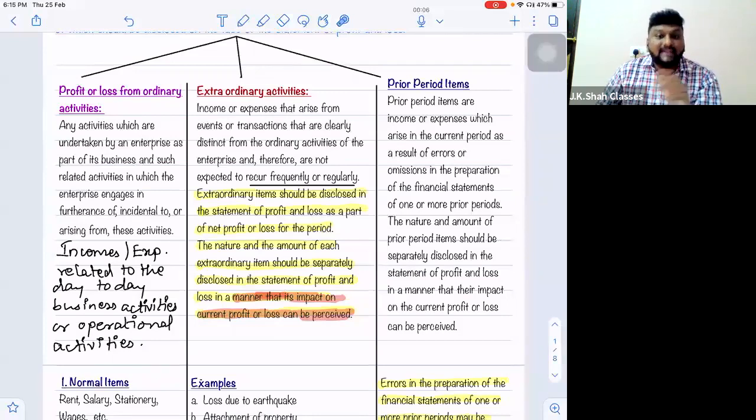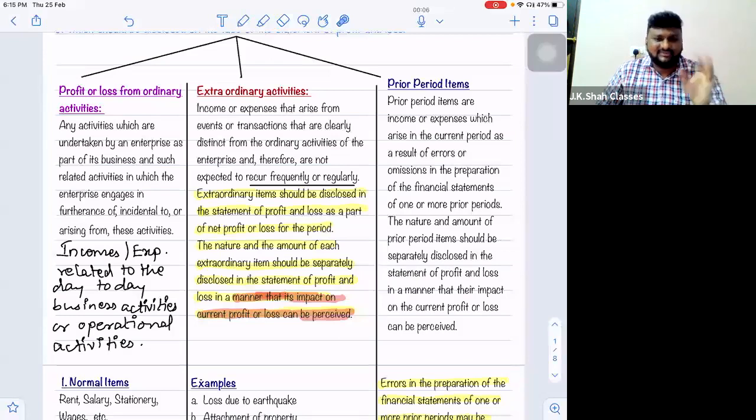Now, for a simple example, we can say if a guy always proposes to a girl and the girl always rejects him, that is ordinary for that guy, taking a rejection. But on 14th February, somehow some girl accepted his proposal. So can I say that day it is an extraordinary thing happening for him? Because till now he might have proposed to 15-20 girls and everybody has rejected his proposal.